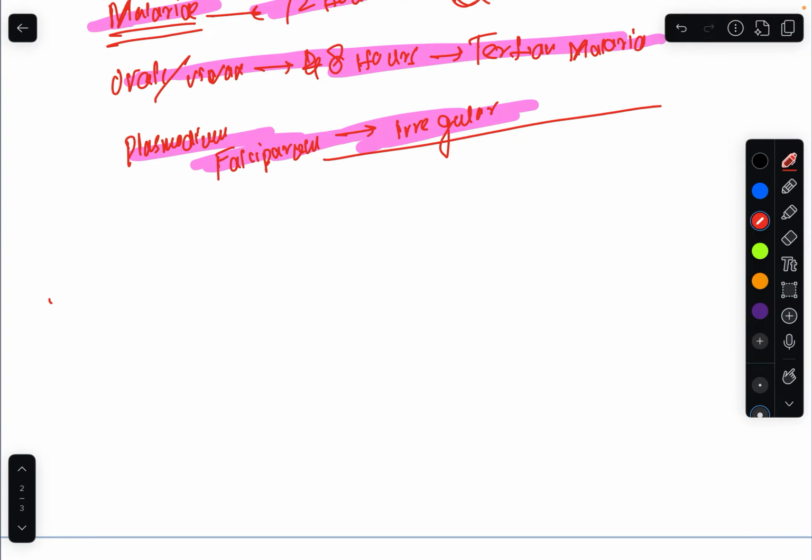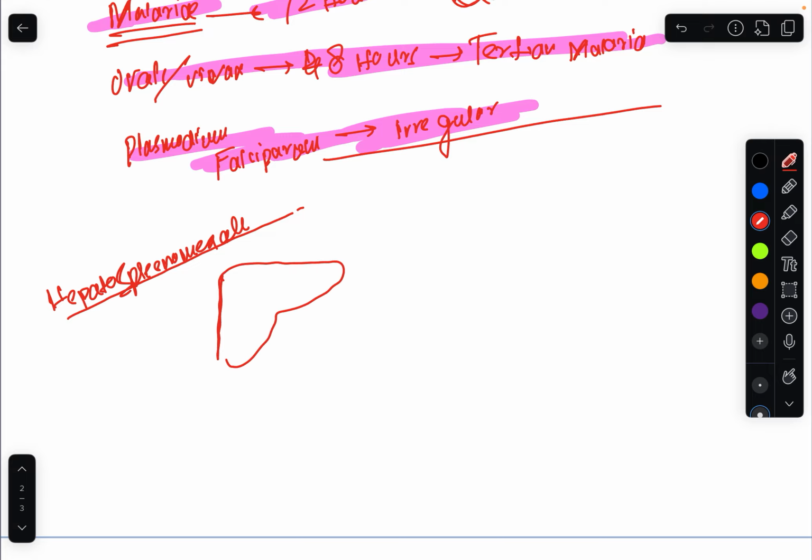Other features can also be seen, such as hepatosplenomegaly. Your liver can be enlarged and your spleen can be enlarged. So these both organs can also be enlarged.